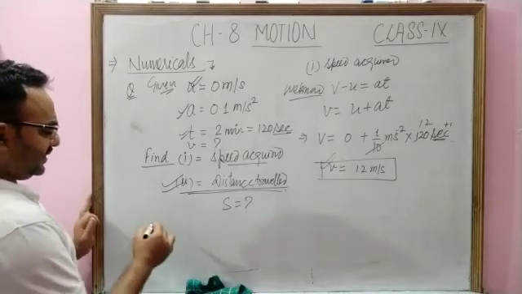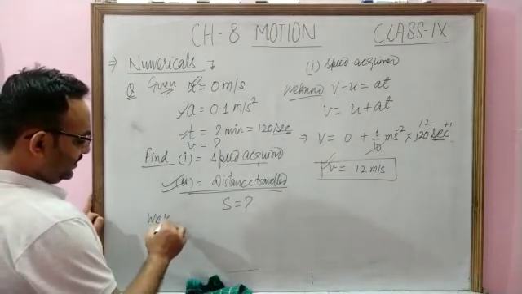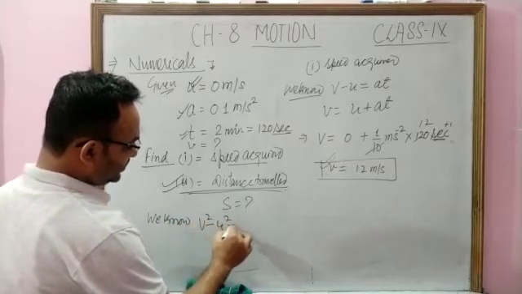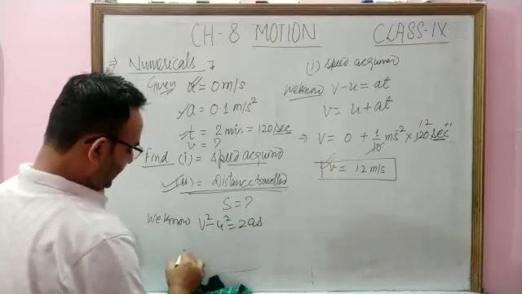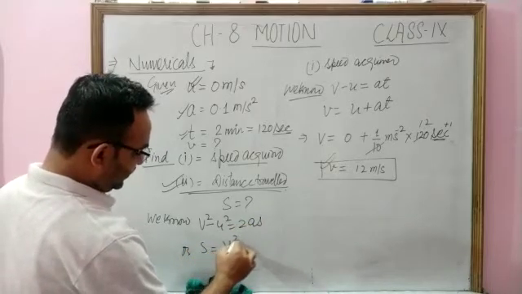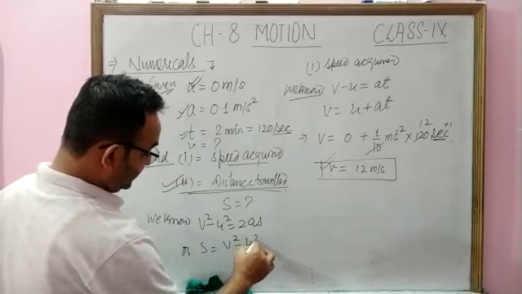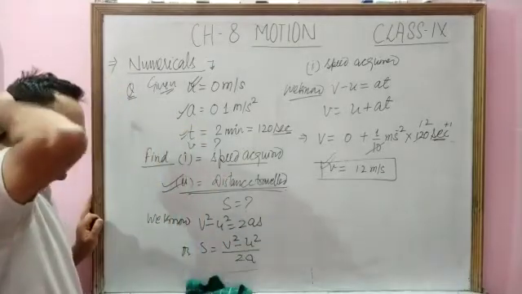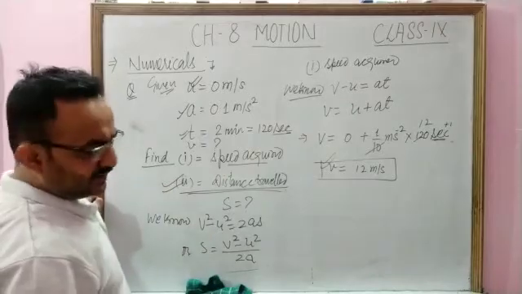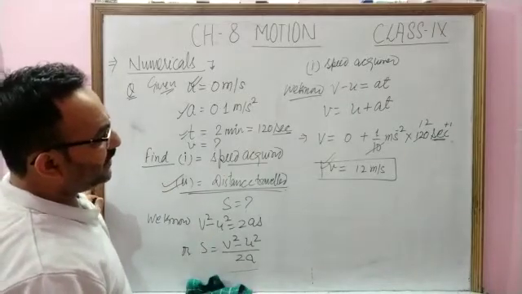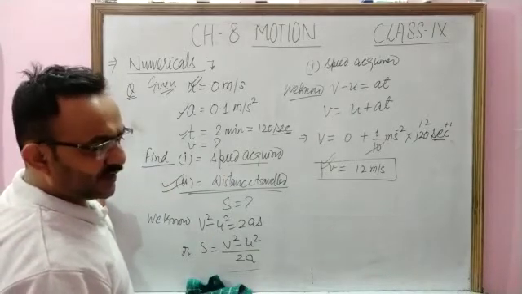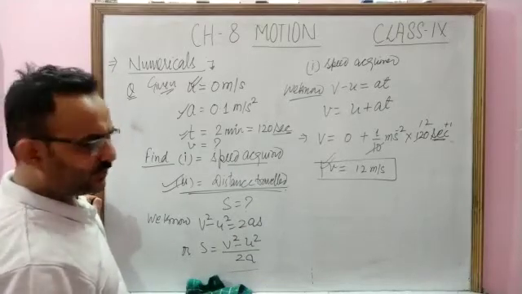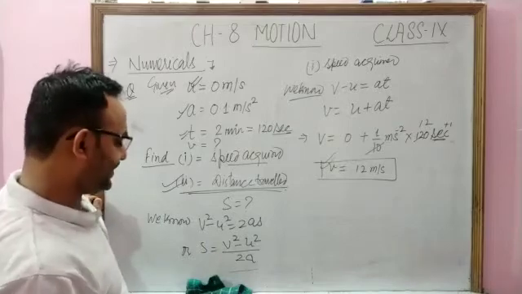Suppose we are using the third equation of motion. We know v square minus u square is equal to 2as, or s is equal to v square minus u square upon 2a. You may use the second equation of motion also. In the second equation, the values of u, t and a you have, so you may use s is equal to ut plus half at square. You will get the same result here.